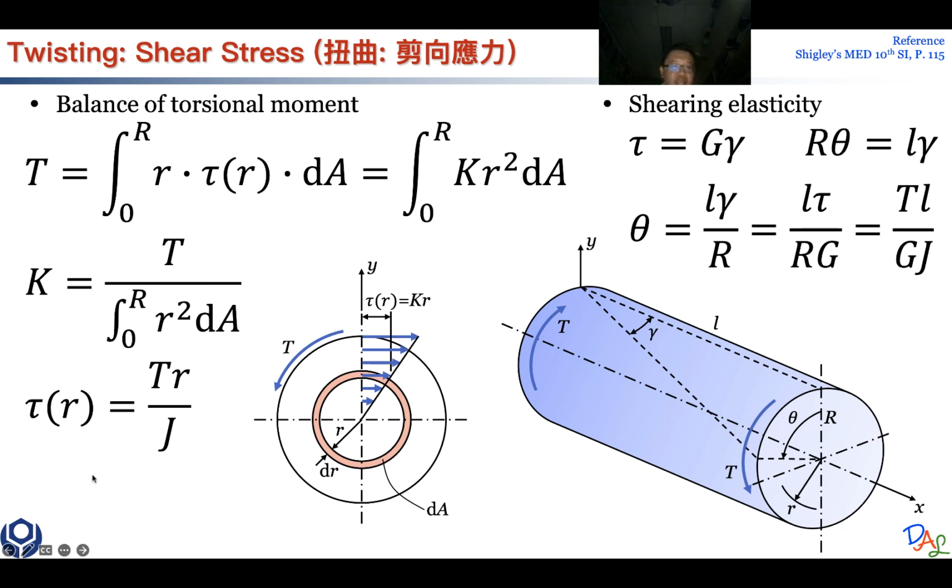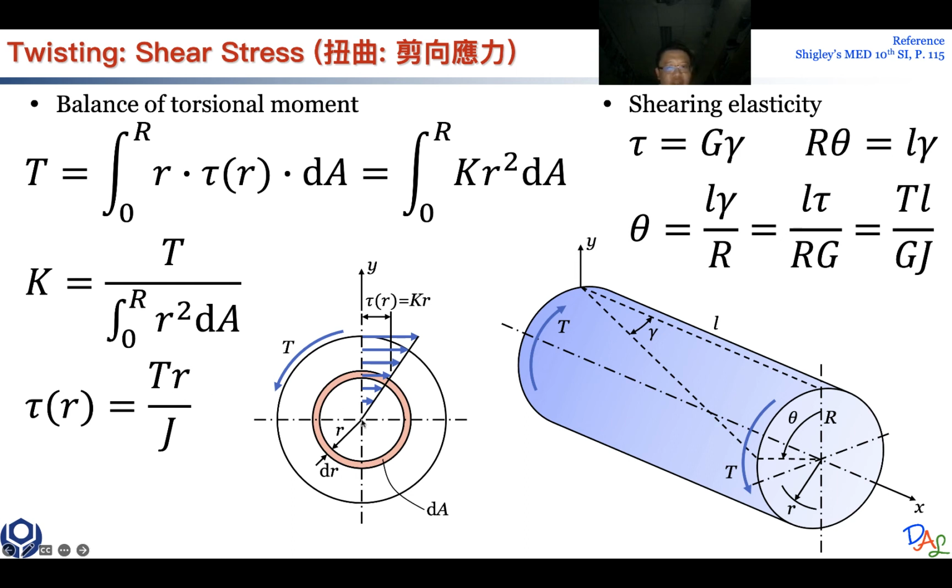Now we understand the tau, the shearing stress everywhere inside the material, can be calculated like this. It's linearly proportional to r, so how you calculate it is based on how much torque you have times what's your position.